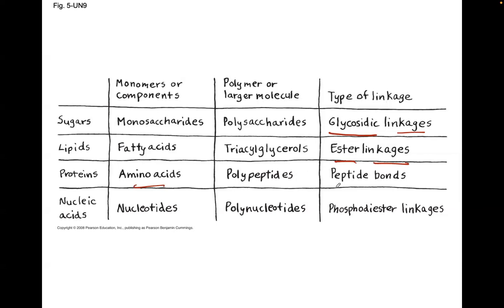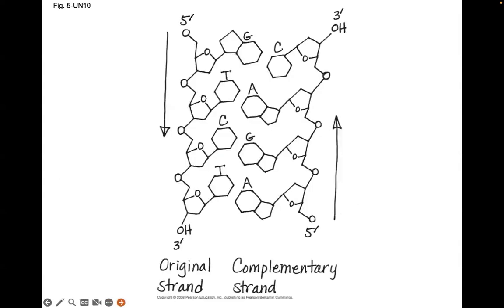The type of linkage is called the peptide bond. Polypeptides are polymers of amino acids. A nucleotide is a monomer of polynucleotides. Polynucleotide is the same as nucleic acid, and what is linking them together is phosphodiester linkages.